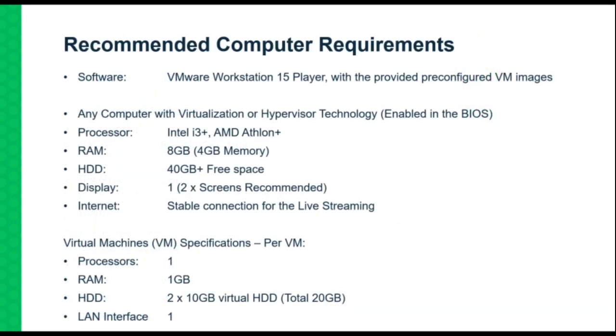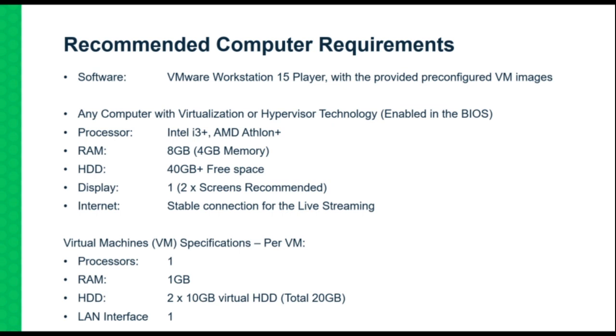So next, let's look at the recommended requirements. The software that we'll be using is our VMware Workstation 15 Player. In my instructional guide, we gave you links to download the pre-configured virtual machine images. By now, you should have extracted these images and added them to your VM Player.